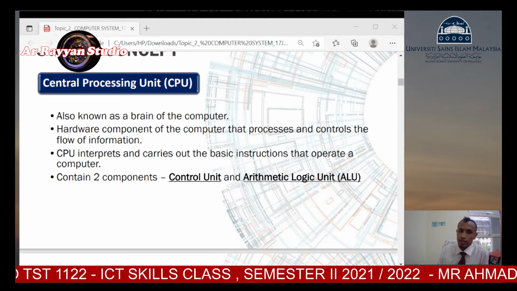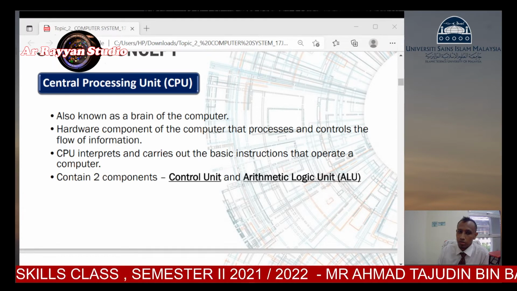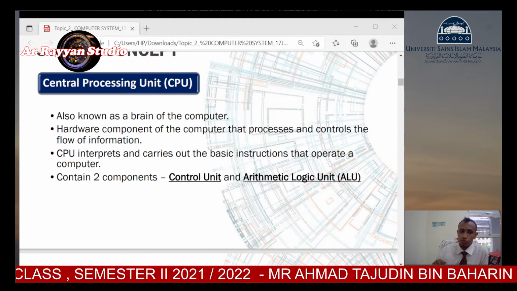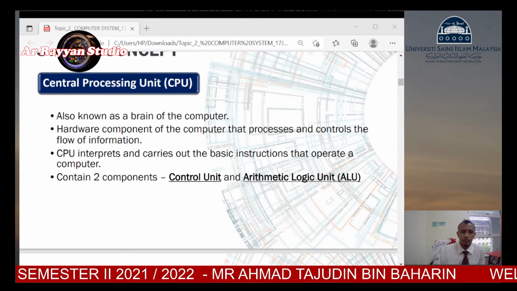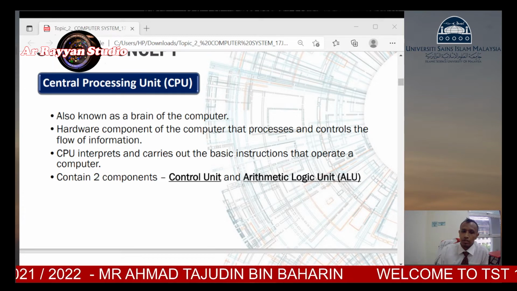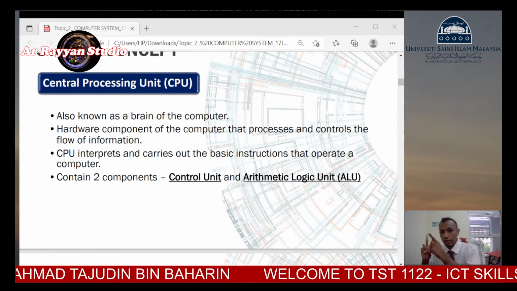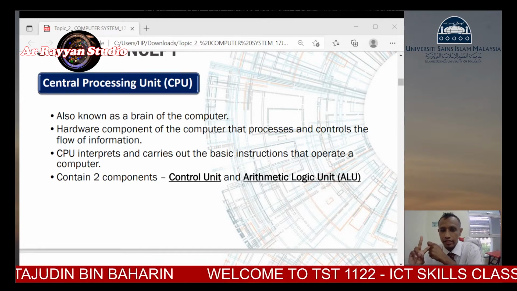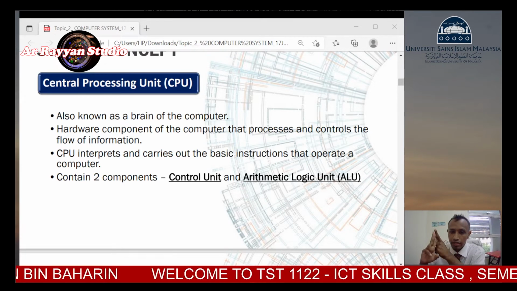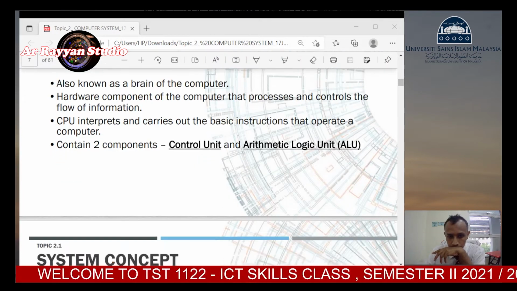It is the hardware component of computer that processes and controls the flow of information. This CPU interprets and carries out the basic instructions that operate a computer. There are two components in the brain: one we call the control unit, another one we call the arithmetic logic unit.